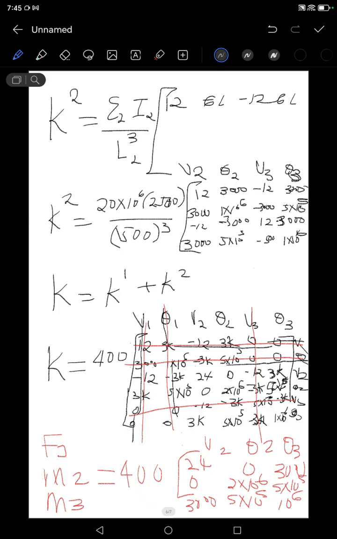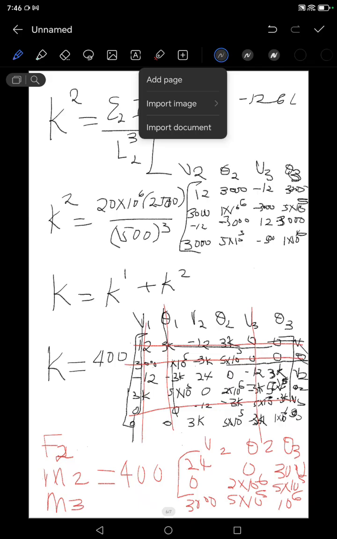So from here we can calculate V2 and theta 2. Here it's F2, and we were given F2 as 20 kilonewton. We're going to solve for V2, theta 2, and theta 3.